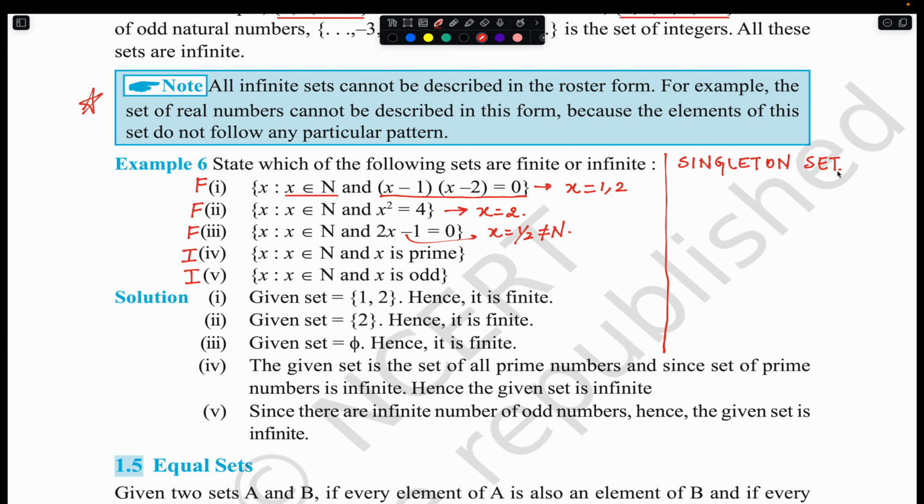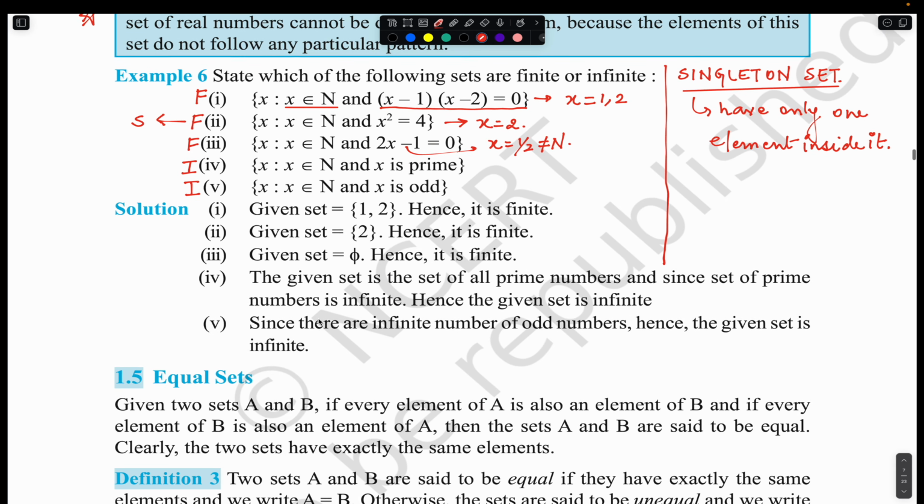Singleton set, as the name suggests, has only one element inside it. So any set which contains only one element is going to be called a singleton set. Like for example, this set has only one element, that is x is equal to 2. So this set is also going to be a singleton set, right?